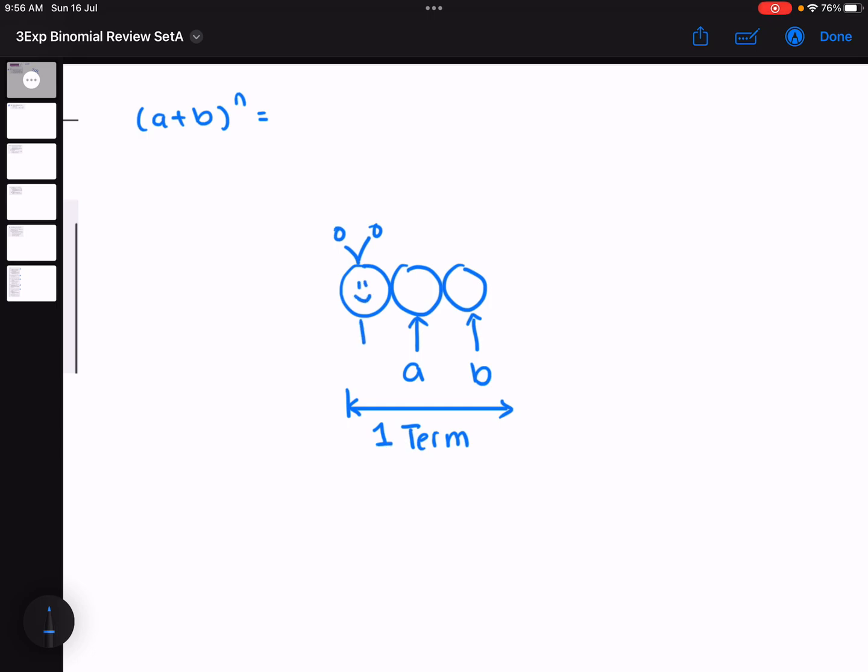Okay, so my head of my caterpillar is what we know as NCR, the body, and the third segment, let's call it a tail. Okay? So you try to imagine replicating this tiny little caterpillar again and again throughout your entire binomial expansion.